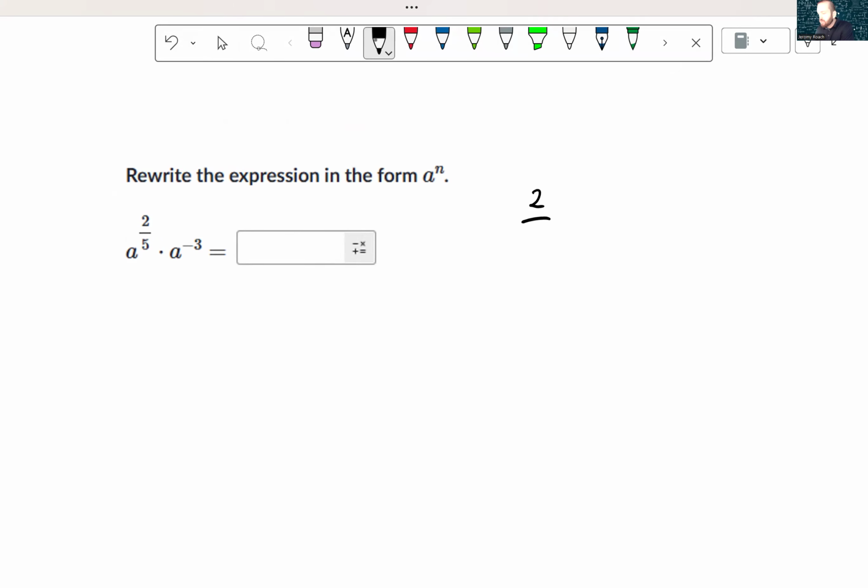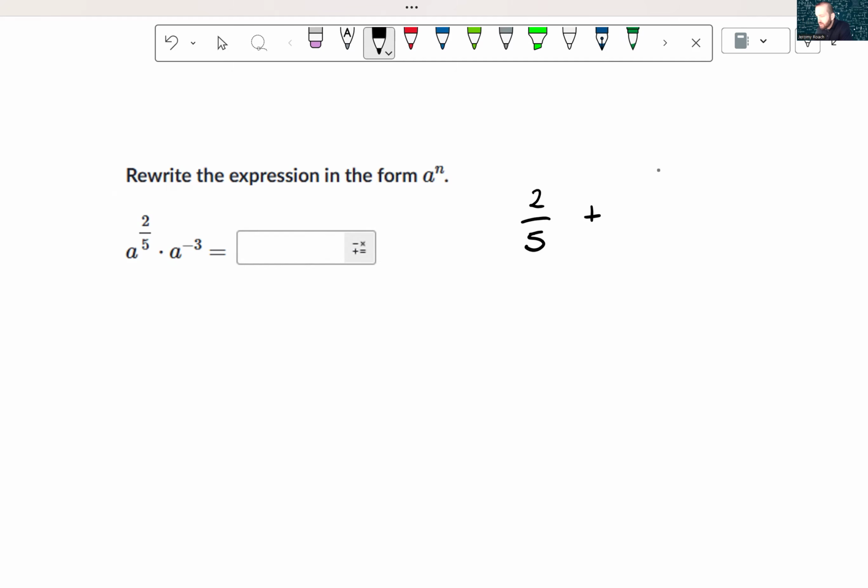So this is 2 over 5 plus, we're adding the exponents. When you first do these, it's a little bit tricky, or your brain's going to tell you to multiply because you see the multiplication there. It took me a while to get used to this because when I see multiply, my mind's telling me to multiply, but we have to add the exponents when we use the product rule.